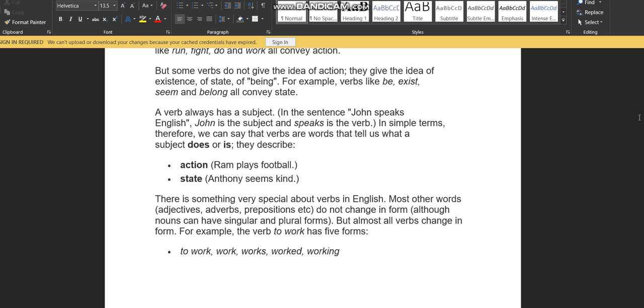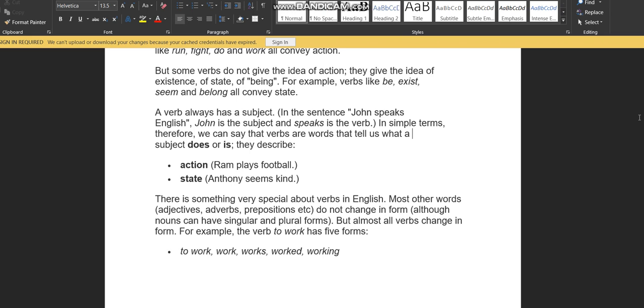There is something very special about verbs in English. Most words, adjectives, adverbs, prepositions do not change in form. Although a noun can have singular and plural form, almost all verbs change in form.